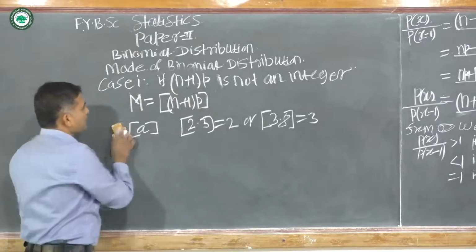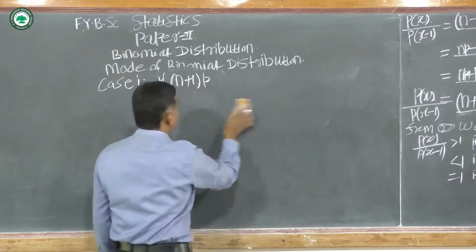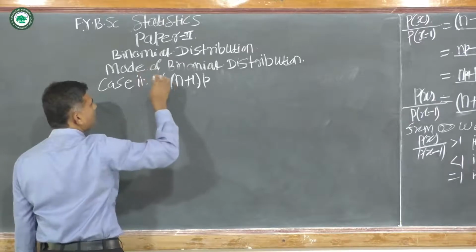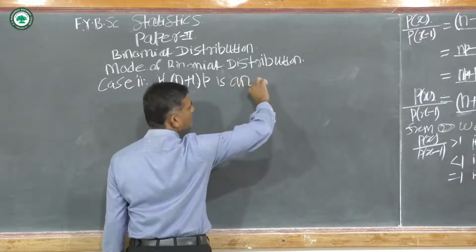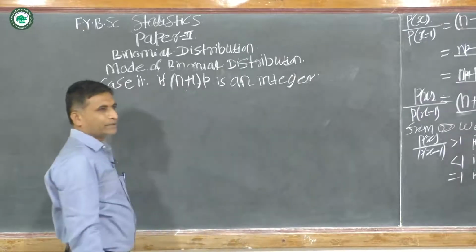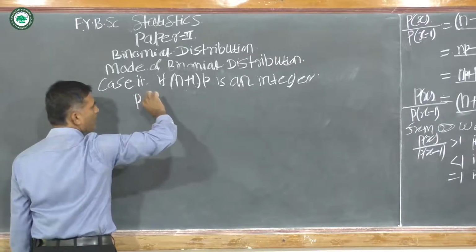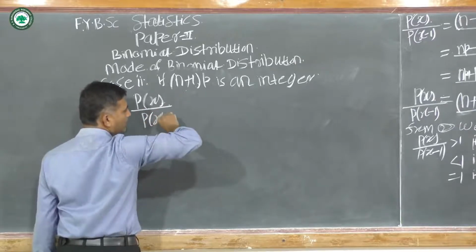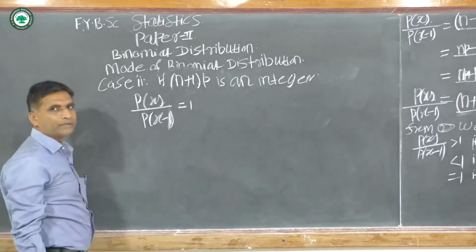Then the second case, if (n plus 1) into p is an integer. Then in this case the ratio P of x upon P of x minus 1 is equal to 1.